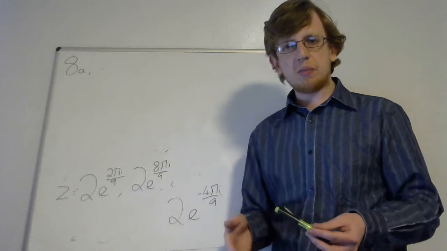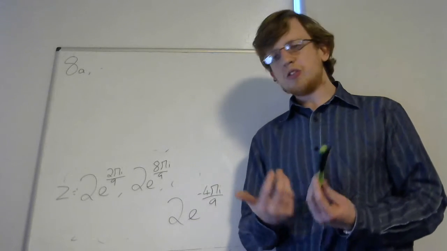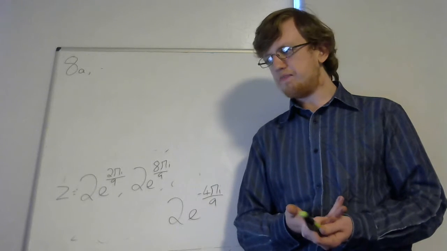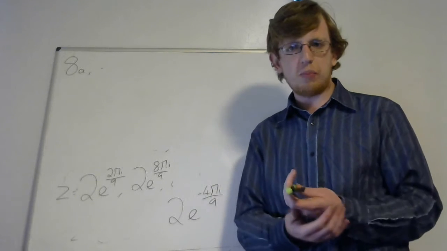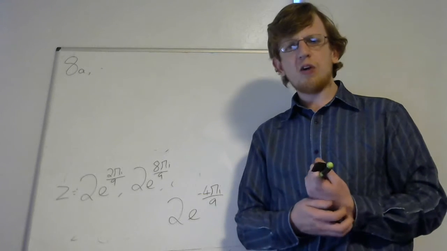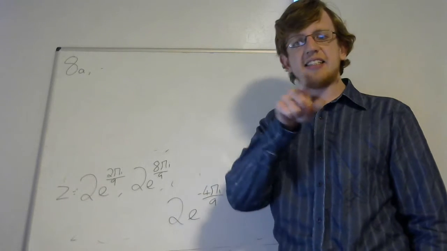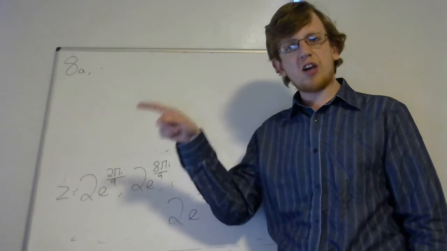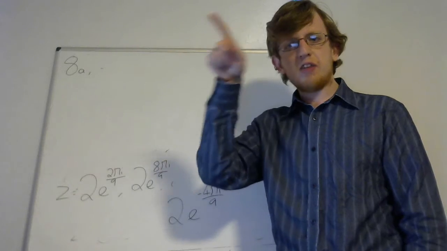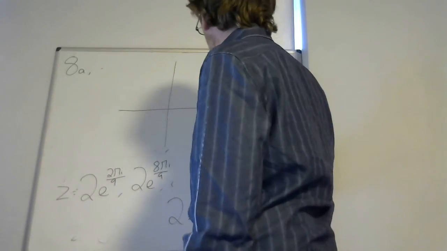When you're plotting the points, think about how you're plotting them, because all solutions like this to complex equations, when you plot the solutions, they all follow a pattern. They go around the Argand diagram in the same step each time. So you might go around in 45 degrees, or pi on 4.